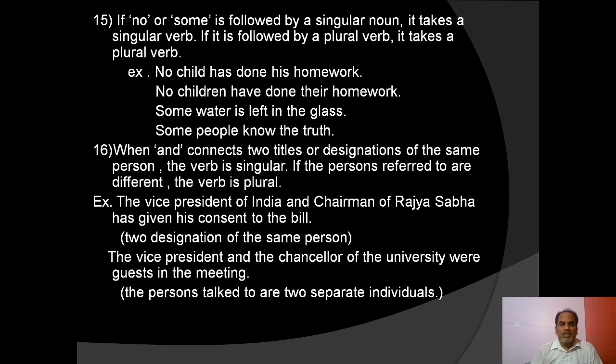Here one person is there. Suppose the Vice President of India is now Venkaiah Naidu, and he is also the Chairman of Rajya Sabha. So same person and two designations.